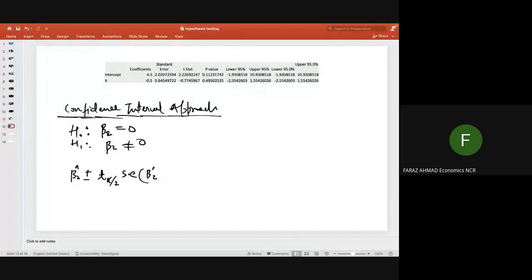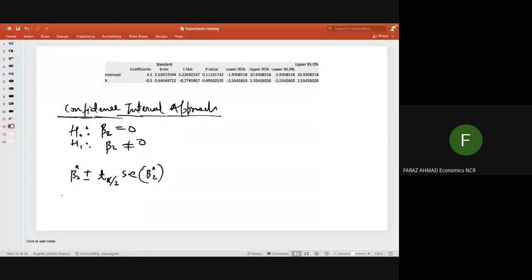Let me write it more clearly so that you can see. T alpha by 2 times standard error beta 2 hat. That's the formula. So once you're going to add it, and then you're going to subtract it from the estimator, and what you will get is the lower and the upper limits.